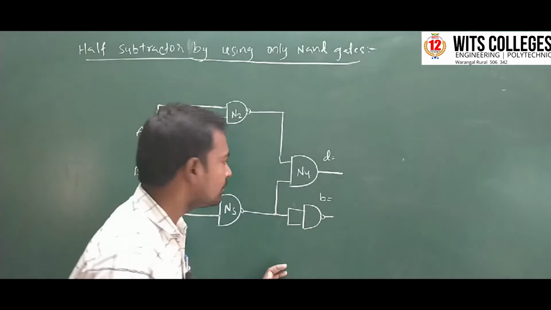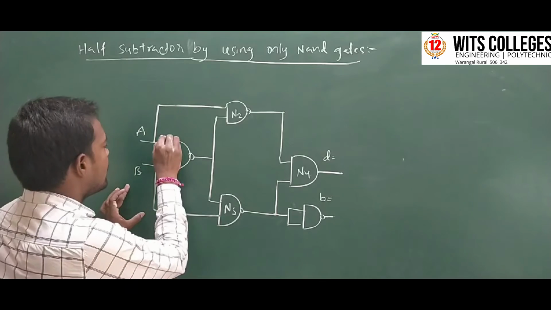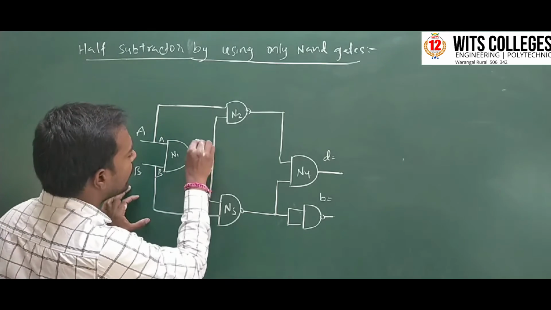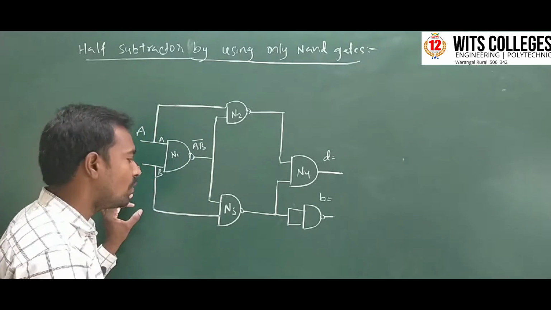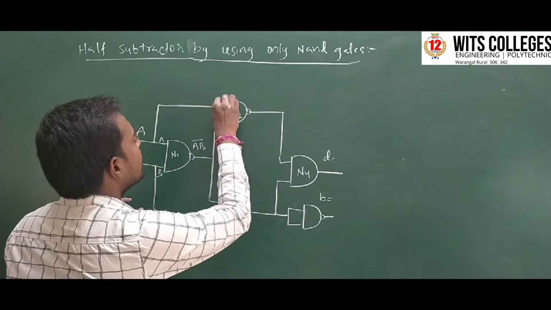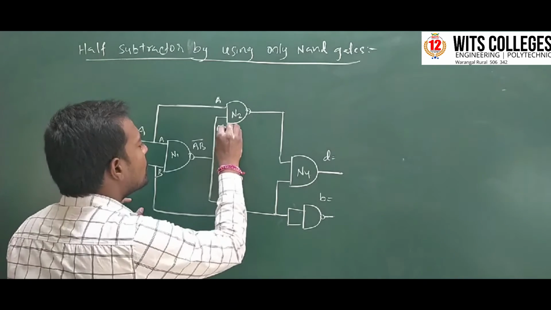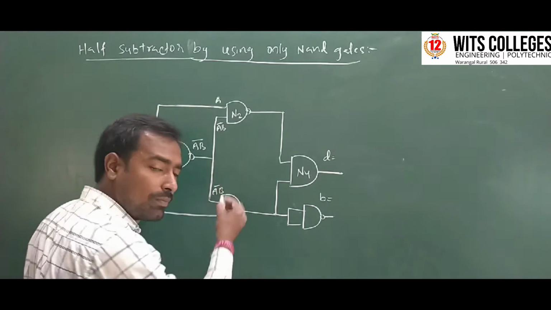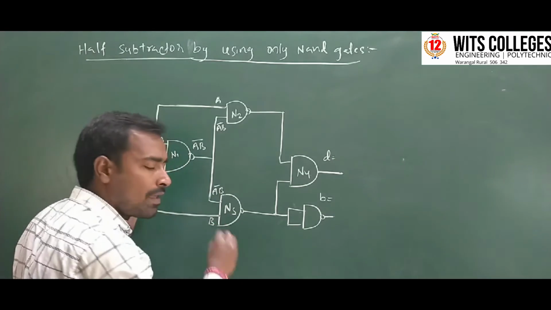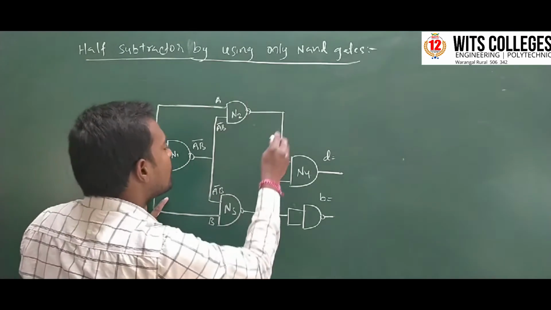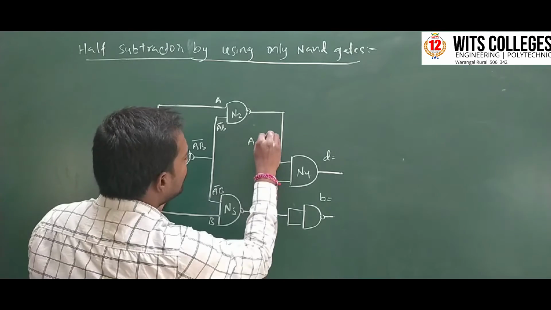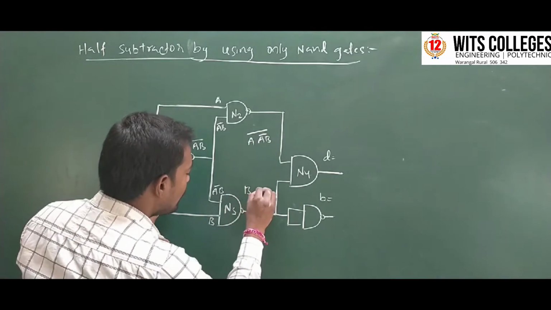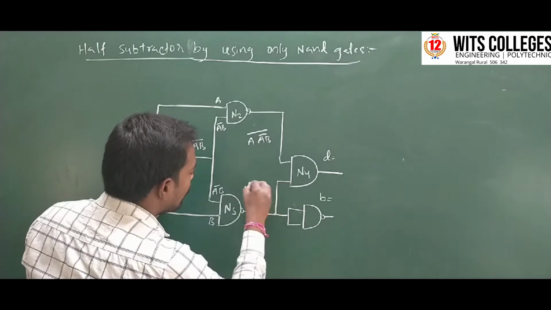We have to get here, and for this, A is the input and this is the B input, and this will give the output of A into B whole bar. Here A is the input and A into B whole bar, both are inputs, and here A into B whole bar is the input and B is the other input, and this will give the output of A into AB whole bar whole complement, and here B into AB bar whole complement.